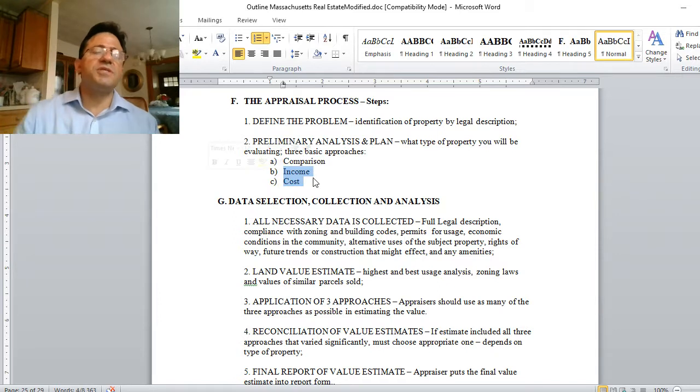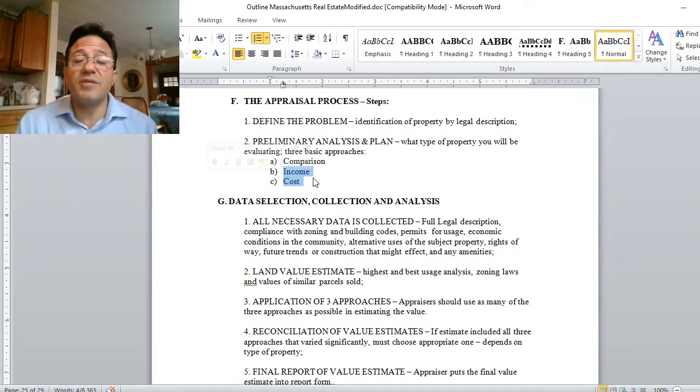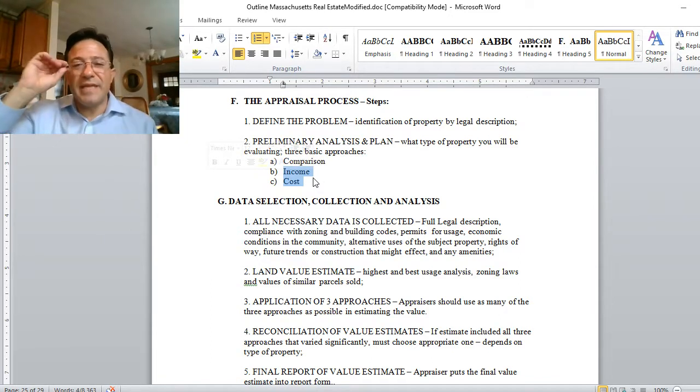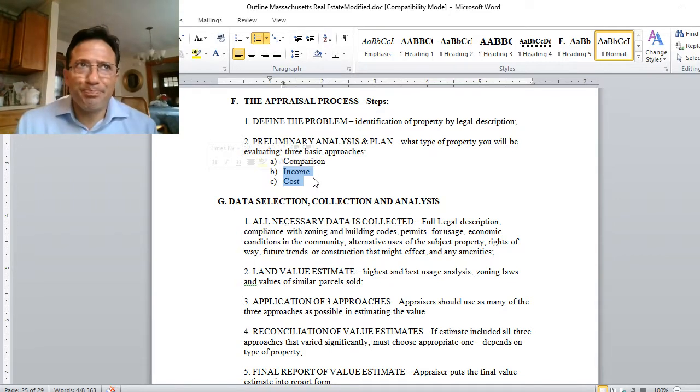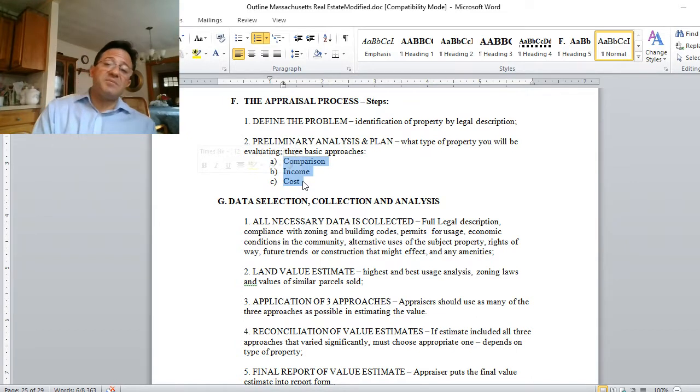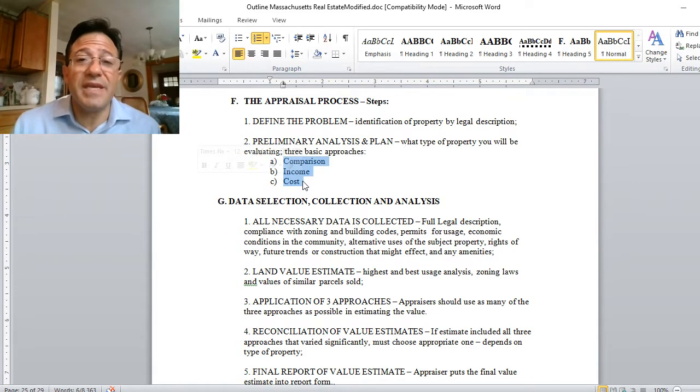These two approaches are used primarily in commercial settings when an appraiser is trying to place a value on a big commercial property. Those properties that are commercial in nature are a little bit more difficult to do the comparison approach on, okay? But as we're going to talk about in class, an appraiser is going to take as many approaches as he or she can, to support their valuation at the end in their report.